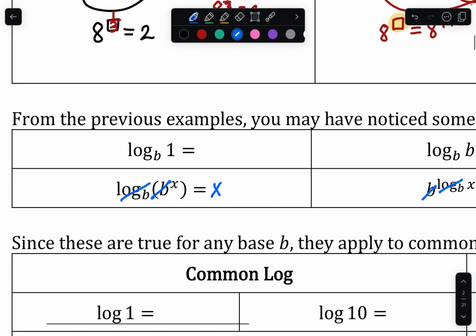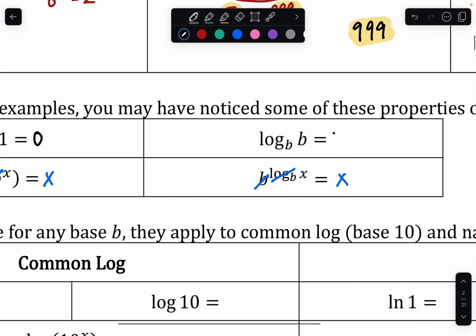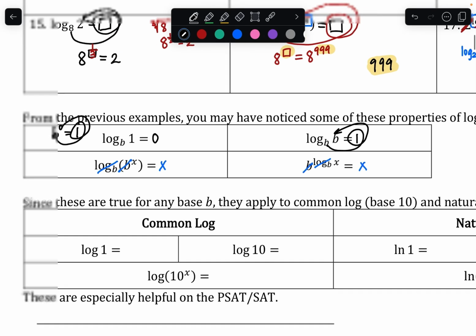Another property we've been looking at is b to the 0 power is always 1, so log base b of 1 will always give you 0. Just think of converting. And if you have log base b of b, that would just give you 1 because b to the first power gives you b.